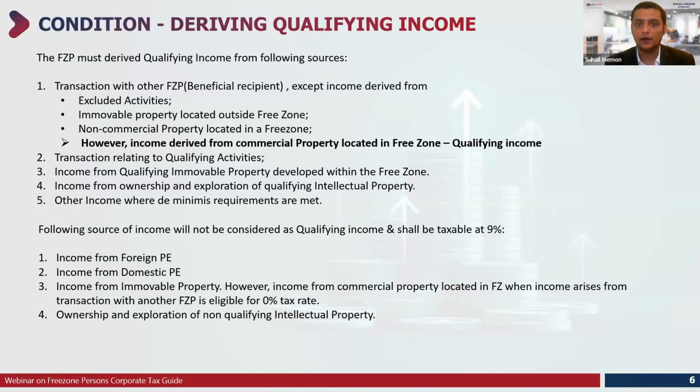So the beneficial recipient point becomes very important and it's subject to analysis, and we need to take care of this. Coming to other points which are not directly calculated in de minimis, these would be covered by Furqan later, related to qualifying immovable property as well as intellectual property and other de minimis points.